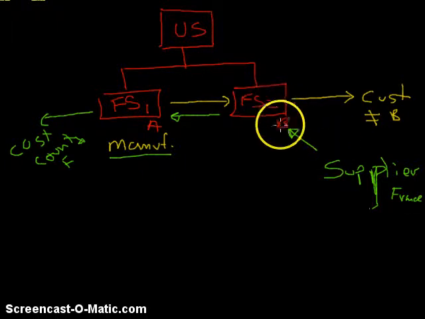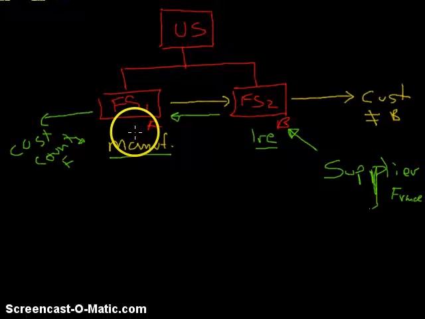And it's selling into, and we can make this Ireland, just to use some real names here. So Ireland buys from France, turns around and sells it to its manufacturing facility in, let's say, Mexico.